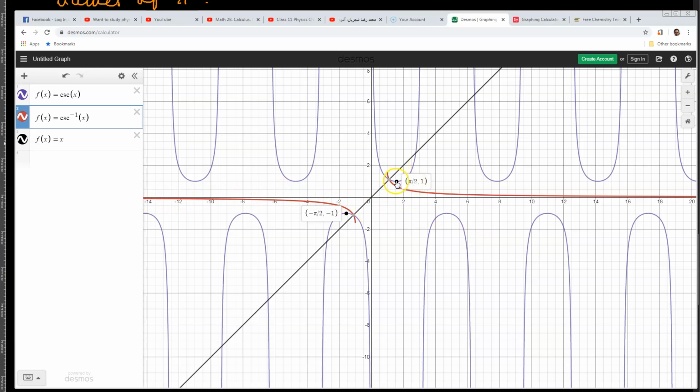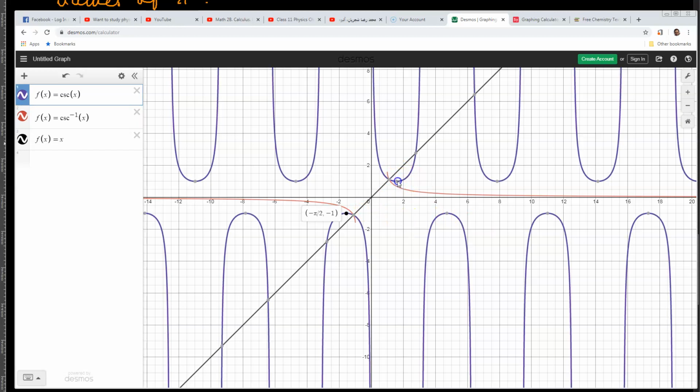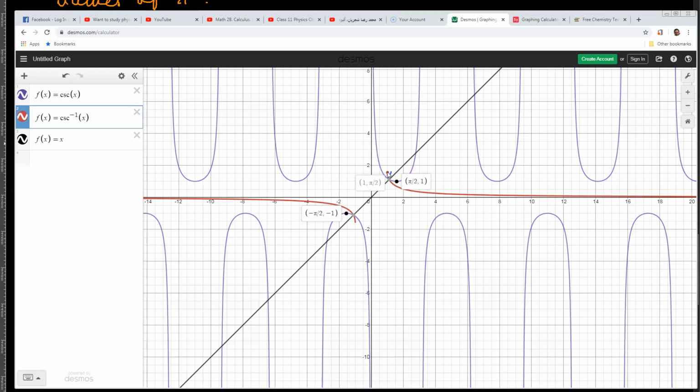And this point over here I have pi by 2 comma 1. If I change the x and y coordinates of this point, I will get 1 comma pi by 2, which is this point over here, and then it goes all the way up along the x-axis.